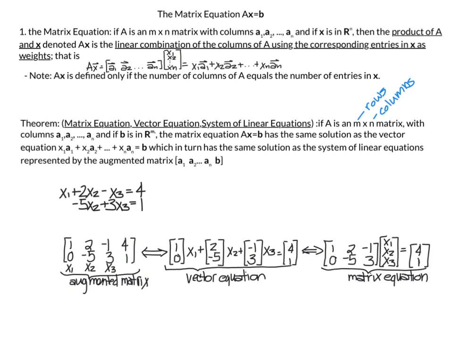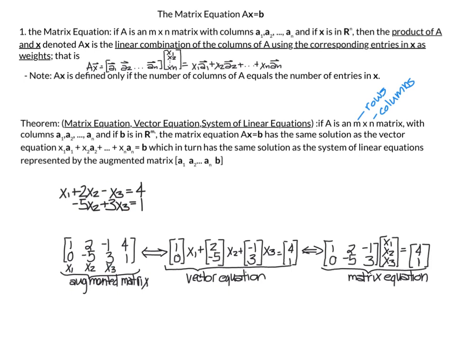And remember, when we finally solved the matrix in echelon form, we said this first column, the 1 and the 0, was associated with x1. The second column was associated with coefficients 2 and minus 5. The third column was associated with the coefficients of x3.